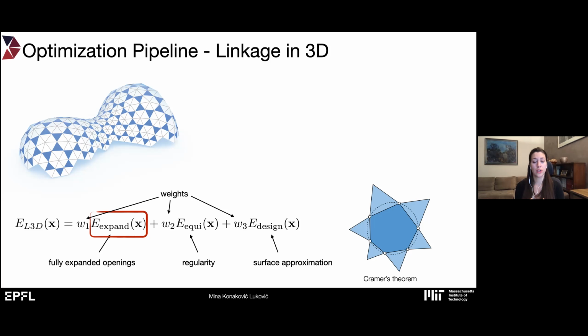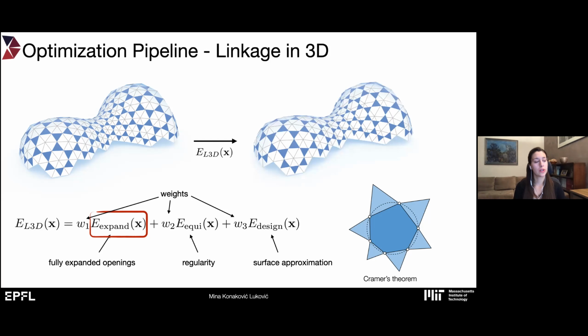In order to expand the area that this hexagon is covering the most, these vertices of the hexagon need to lie on a circumcircle. So putting things simply, for our optimization, we can simply define a constraint that says we just need all the vertices that are forming the opening to lie on a circumcircle that optimization will figure out locally for each opening.